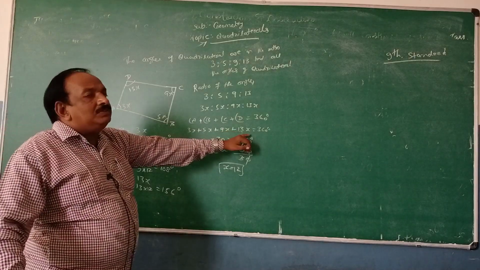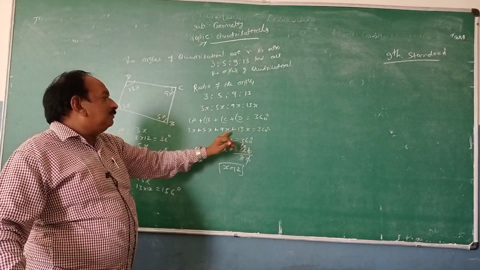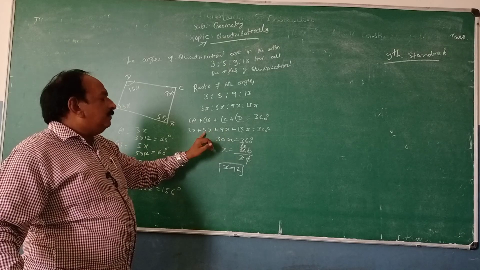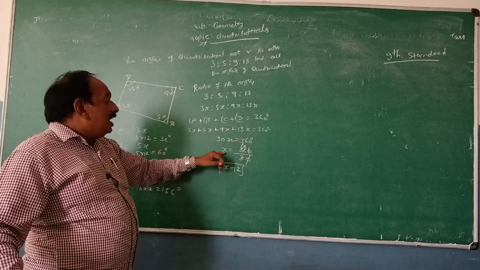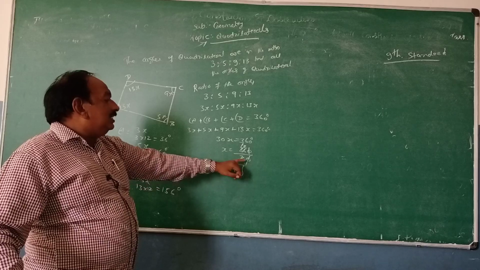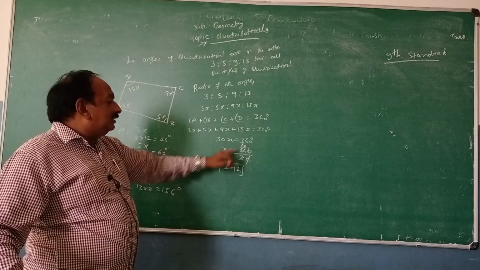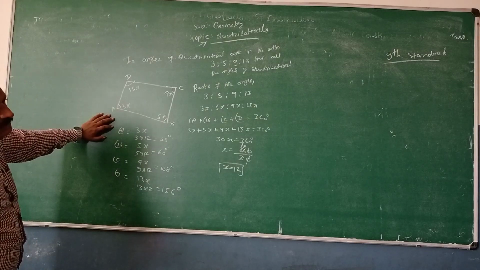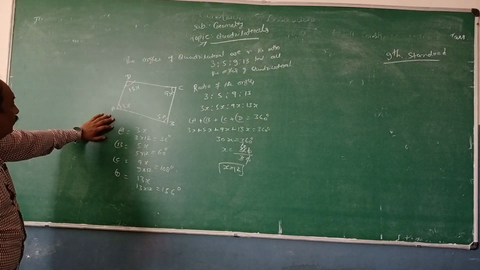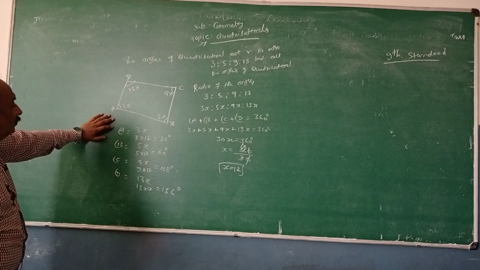These are all like terms in algebra: 13x plus 9x is 22, plus 5 is 27, 27 plus 3, 30x is equal to 360. x is equal to 360 by 30, x is equal to 12. Now substitute the value of x. A is 3 into 12, 36.